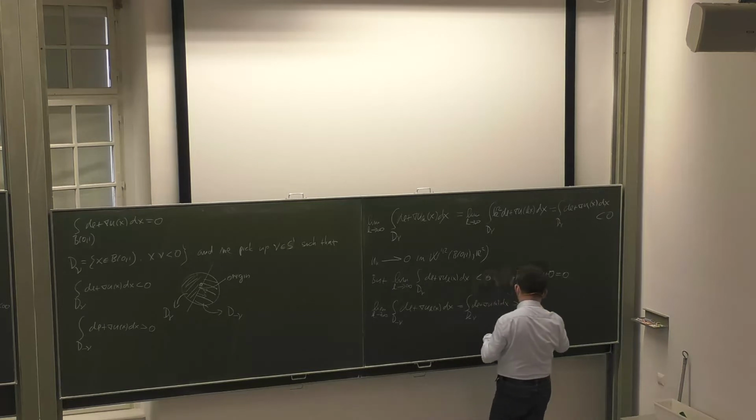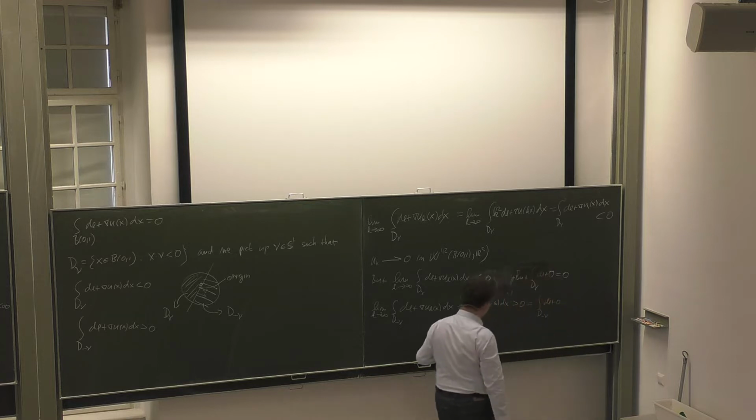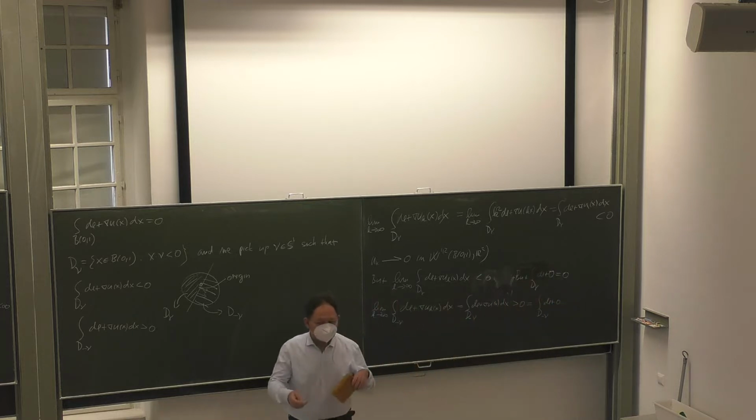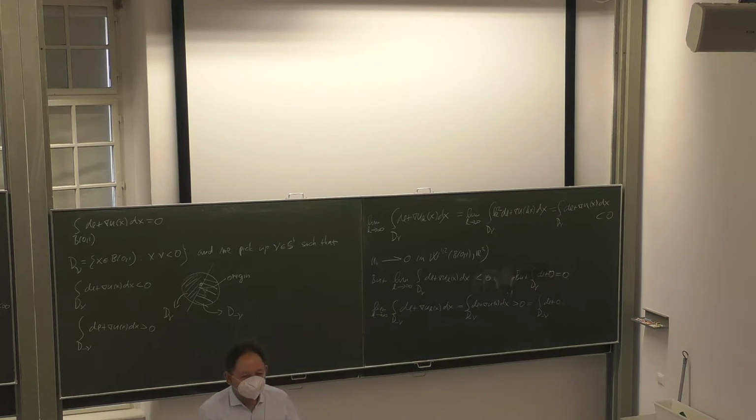And this is bigger than the integral over D minus nu of the determinant of 0, which is 0. So on the other half ball, you get a sort of strict weak lower semicontinuity. And if you take the whole ball, then this sums up, and you get the result you expect.